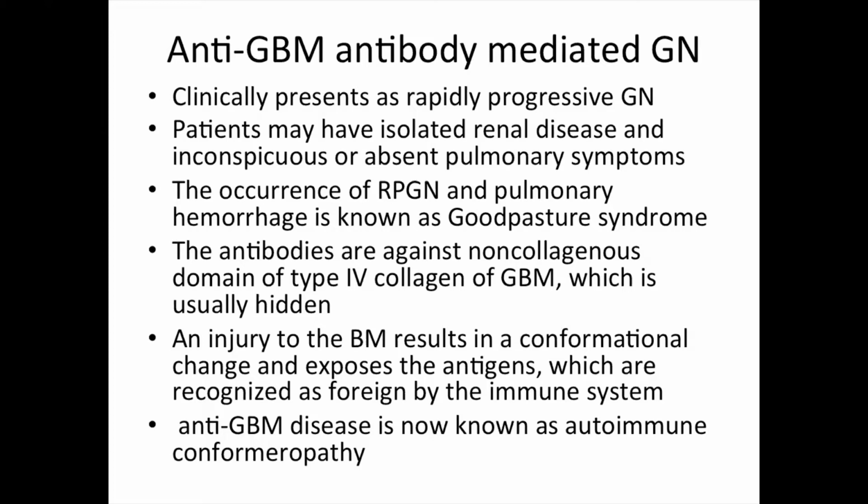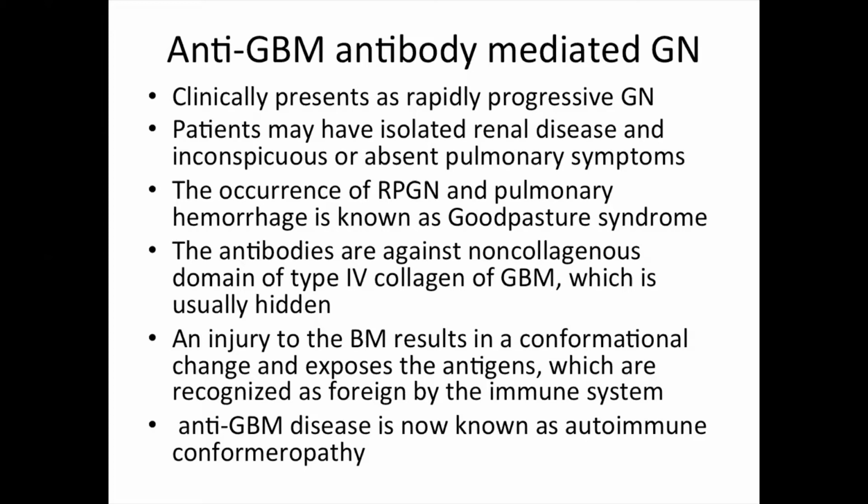Now, how do we differentiate between it and ANCA? I checked the chat box, somebody was suggesting ANCA. As you guys remember, in ANCA, the P-ANCA and C-ANCA will be present in the serology.